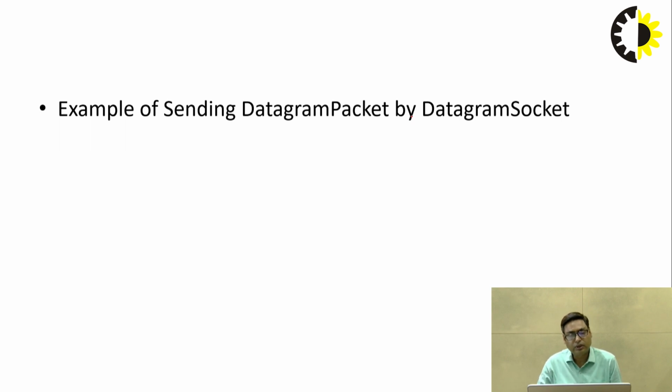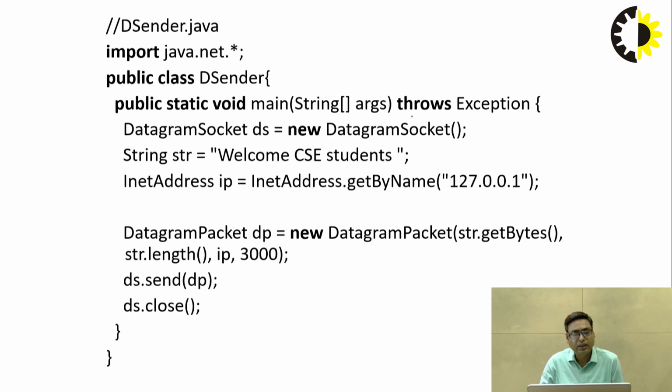Next, I am going to discuss practical programming with DatagramPacket and DatagramSocket. Here again we have 2 programs, one is the sender program and the second is the receiver program. The sender will send the data and the receiver program will receive the data. So, we have created a socket.